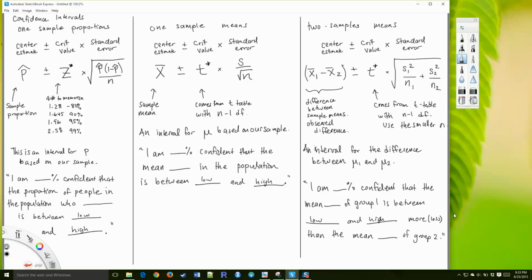Okay, so the mean age of group 1 is between 10 and 20 years more than the mean age of group 2, or whatever it might be. Okay, fill in the blanks.